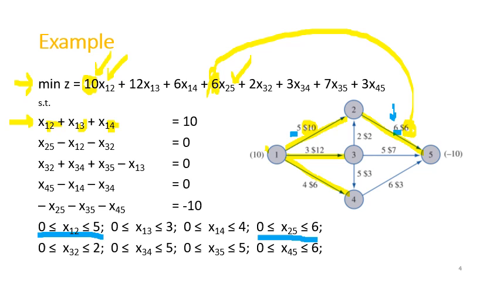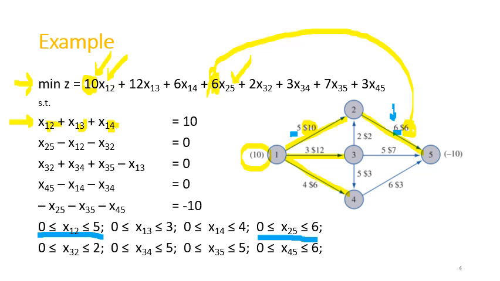And you see this value here, it shows the net supply of this node. It means that node 1 can supply 10 units, and it is its net supply because it only has outgoing arcs, so it can send out 10 units of flow at a period of time.